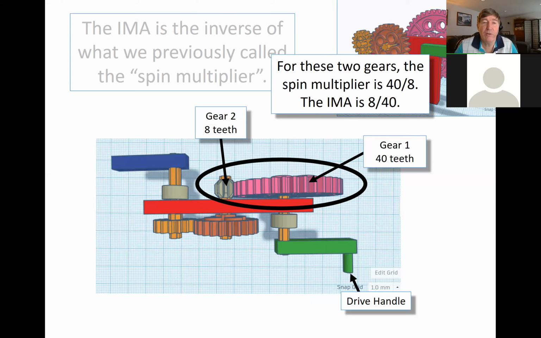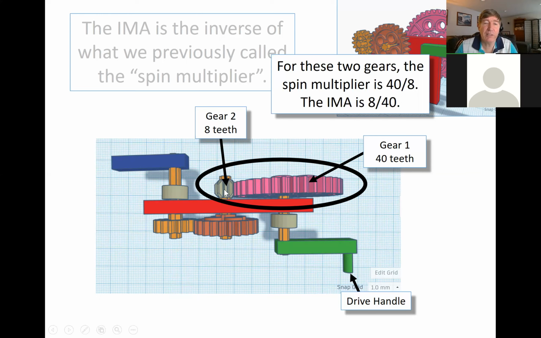So the small gear is going to spin 5 times for every 1 time that the big gear spins. Then we said the spin multiplier is 5. But the force is the exact opposite of that, or actually inverse is a better word, reciprocal.